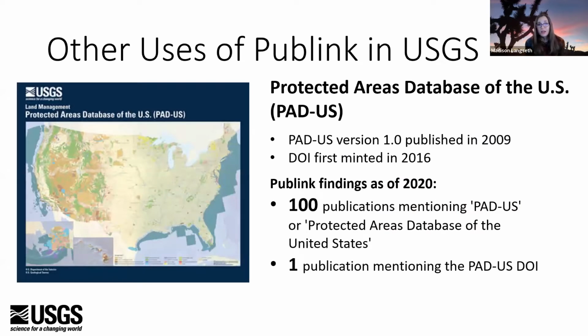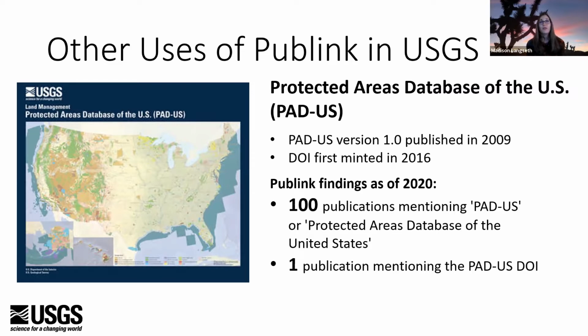So in some situations, DOIs were not assigned to older versions of USGS data, or were never assigned to a data set at all. So PubLink can also search for mentions of non-structured strings, such as a title. And this type of search generally works best with distinct titles and often requires some added QA/QC.